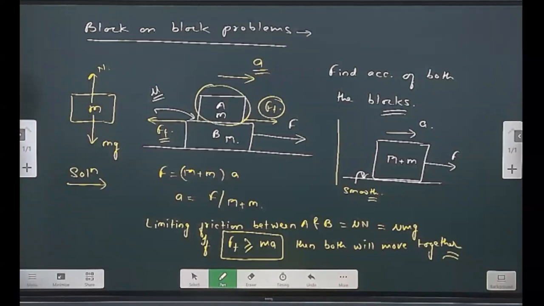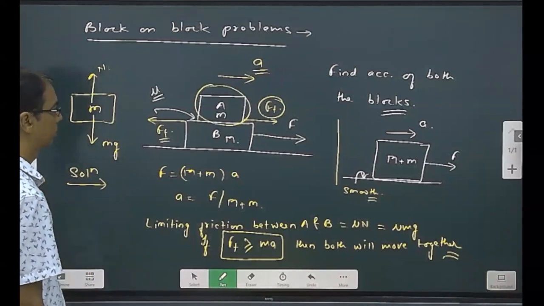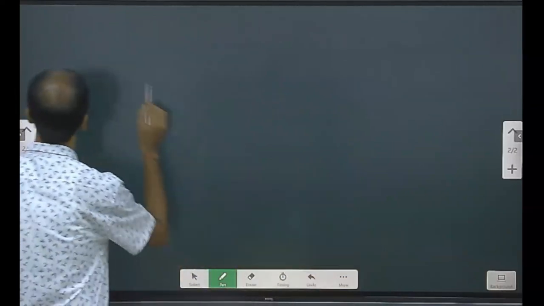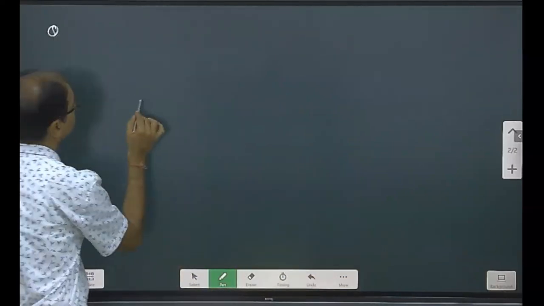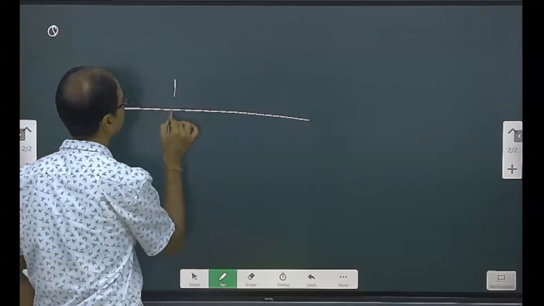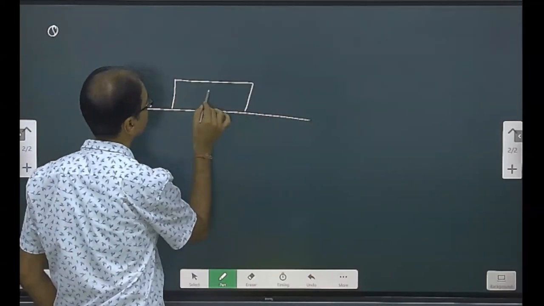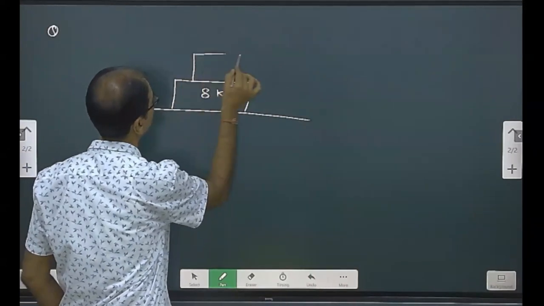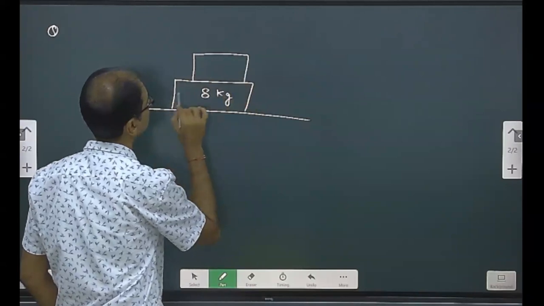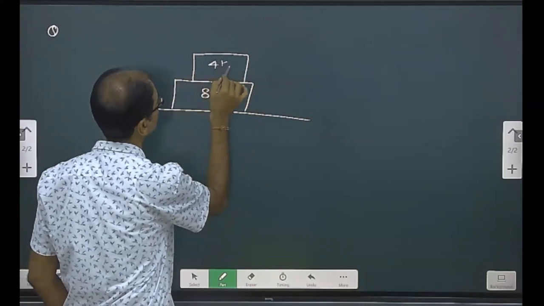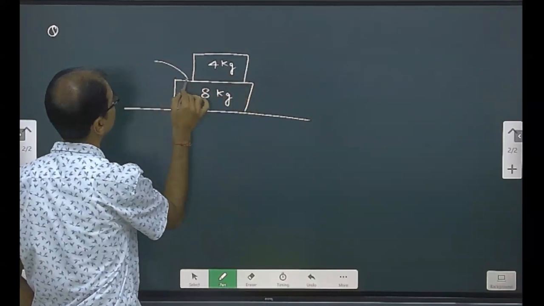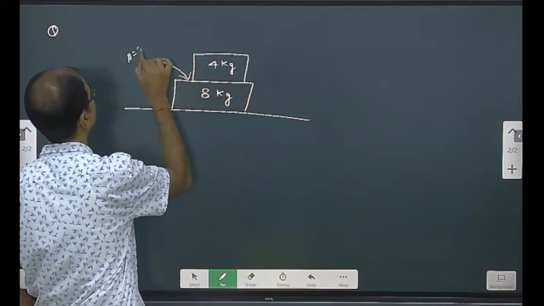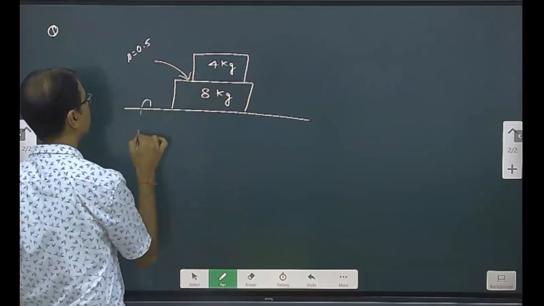Done, see. Okay, so let's make the question now. Question number 1 goes like this. Let's say this is 8 kg. And here is another block. Its mass is 4 kg. Coefficient of friction here is 0.5. Let this be smooth to start with.